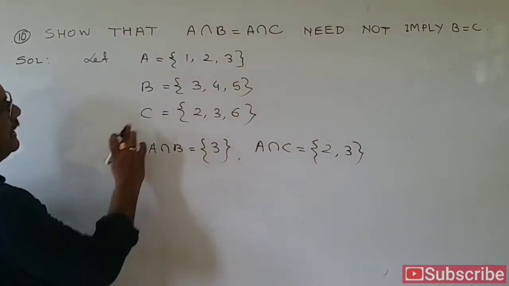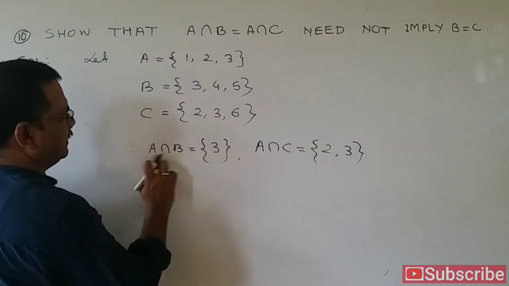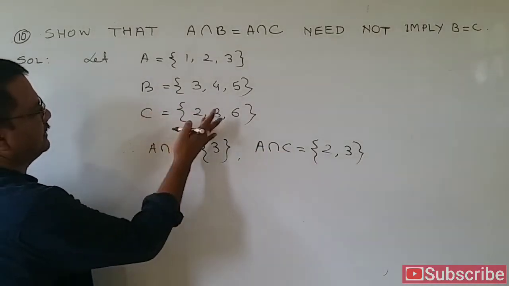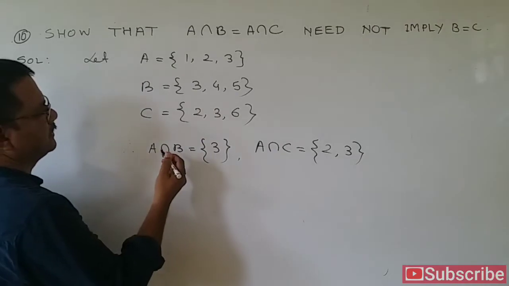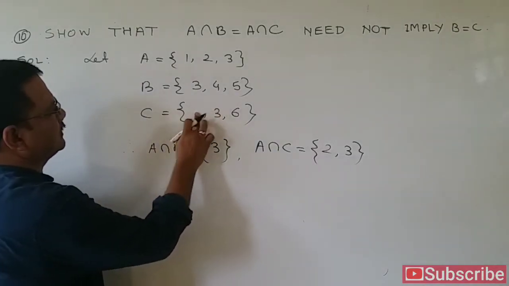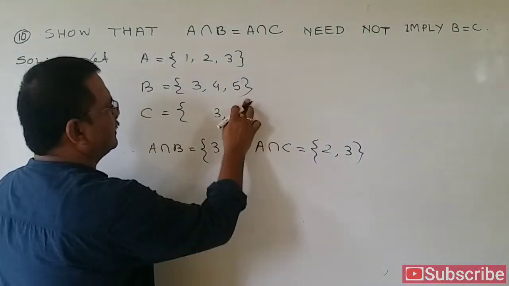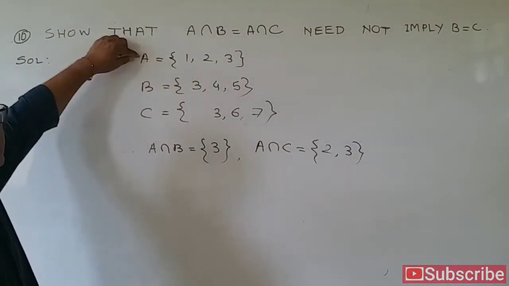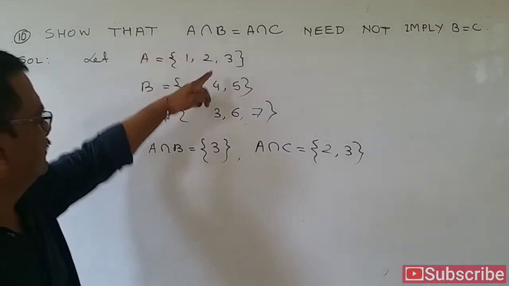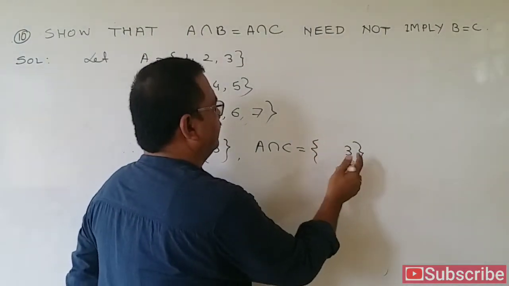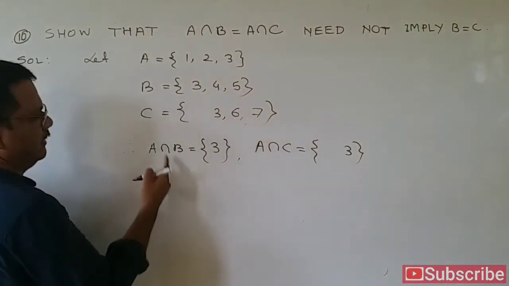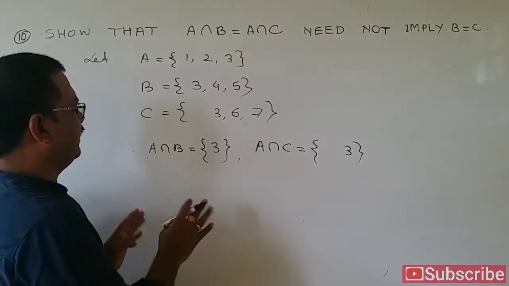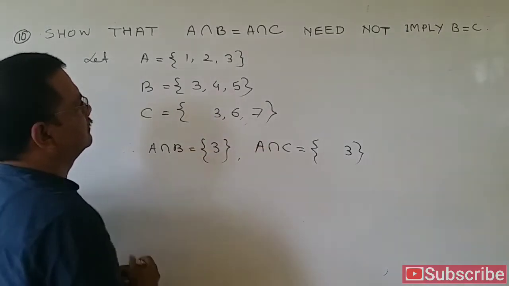So we have to write C in such a way that their intersections must be equal. So we have to change this C. How will you change? This 2, let us remove and then put another element, 7, this way. So now what is the intersection of A and C? You will get, again, 3 only. Okay. In that case, A intersection B will be equal to A intersection C. Okay. We have made these two sets equal.